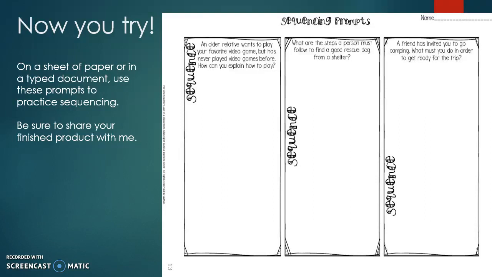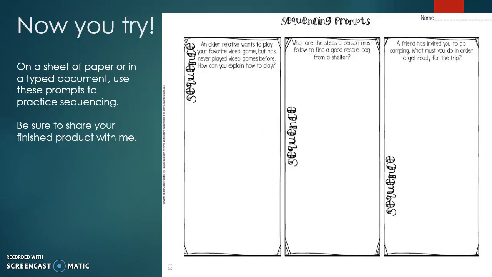So the first one, an older relative wants to play your favorite video game but has never played video games before. How do you explain how to play? So you're going to use sequencing and write a paragraph. Don't worry about thesis statements or anything like that right now. We're just practicing sequencing. So this is your homework.